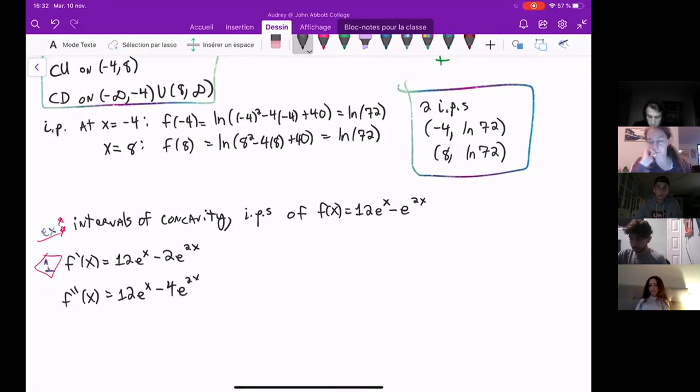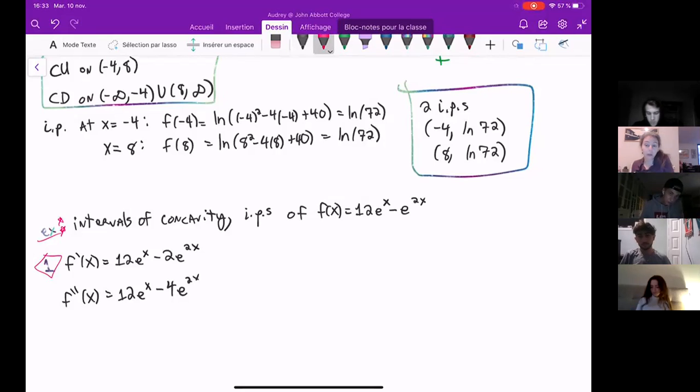So far, so good? Now I want to simplify this thing, and I want to do that by factoring out the greatest common factor.